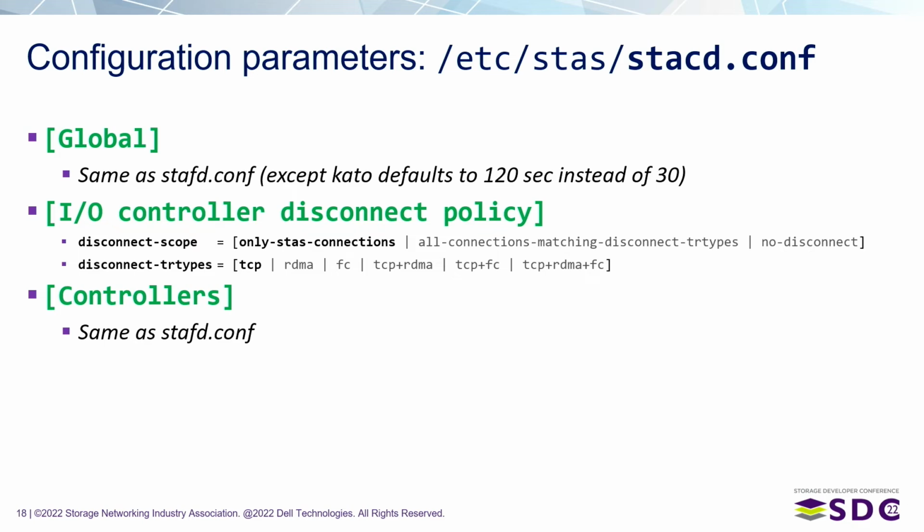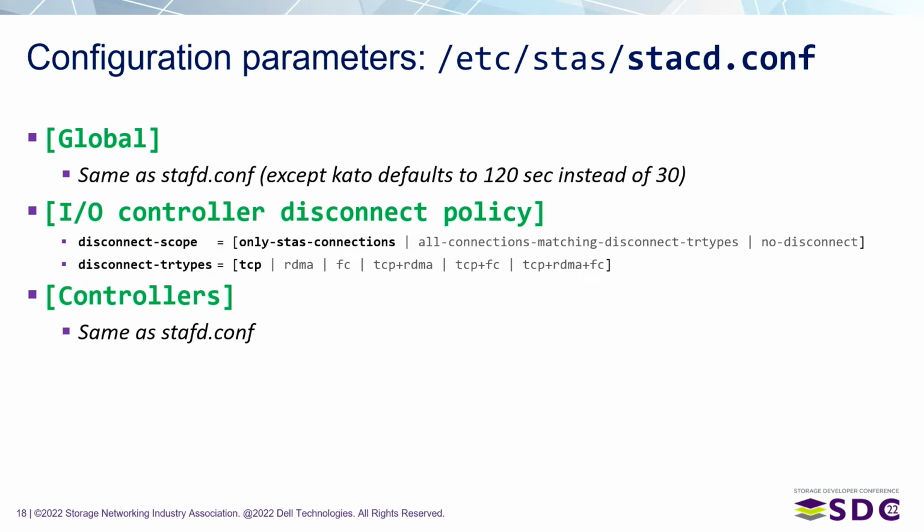But how should the host behave if the zoning configuration says, okay, you were connected to this subsystem and now you are no longer supposed to be connected to it? How do you do this disconnect policy? By default, stackd monitors only the connections that are made by these two daemons, and not what you configure manually.